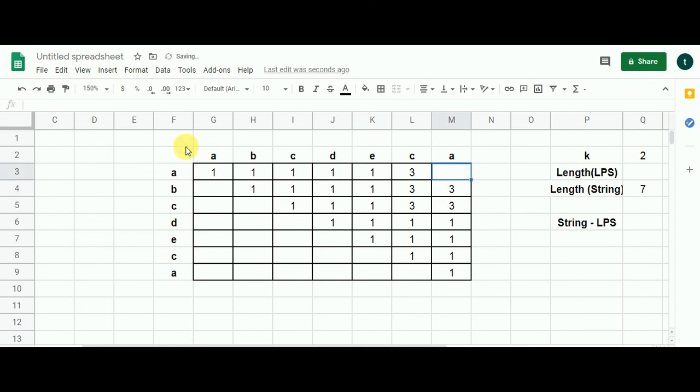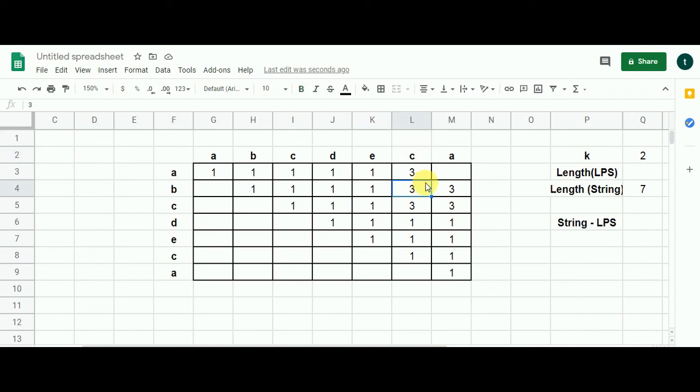Okay. Now the subproblem is actually our problem ABCDECA. So as you can see, A and A match. So what happens in this case? 2 will be added to the value of the subproblem BCDEC. So what is BCDEC? It is 3.